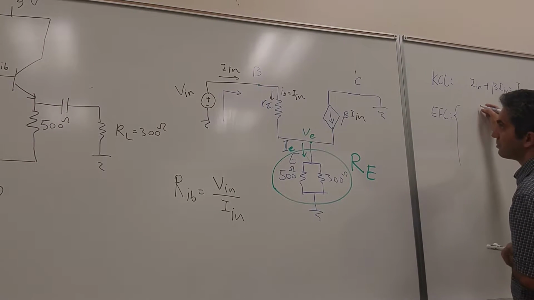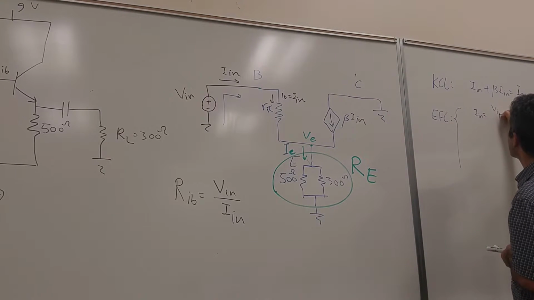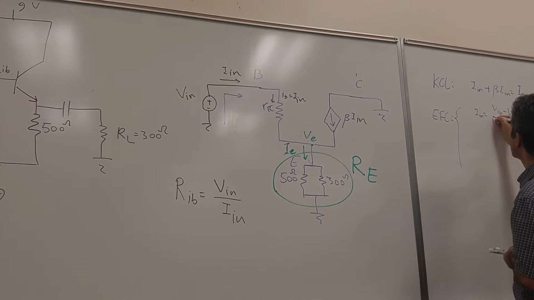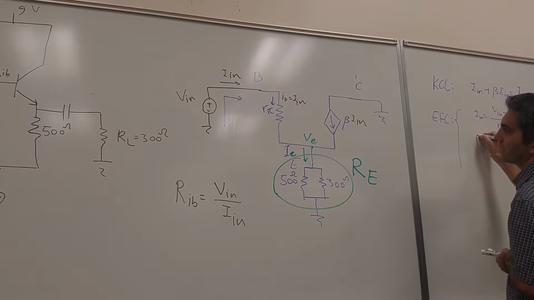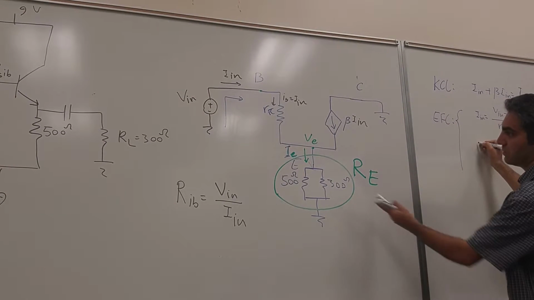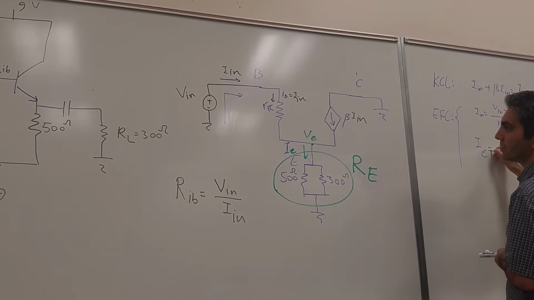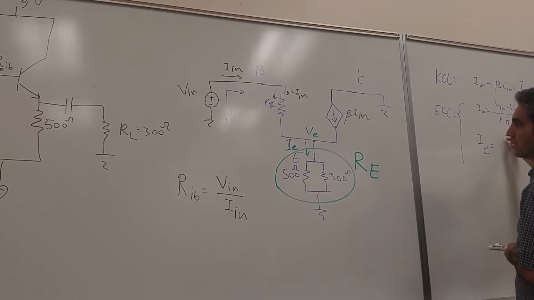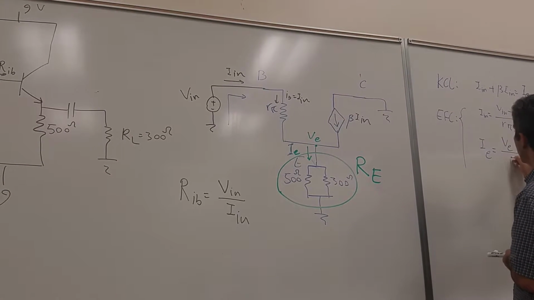I in is equal to V in minus VE divided by R pi, and IE is equal to VE minus 0 divided by RE.